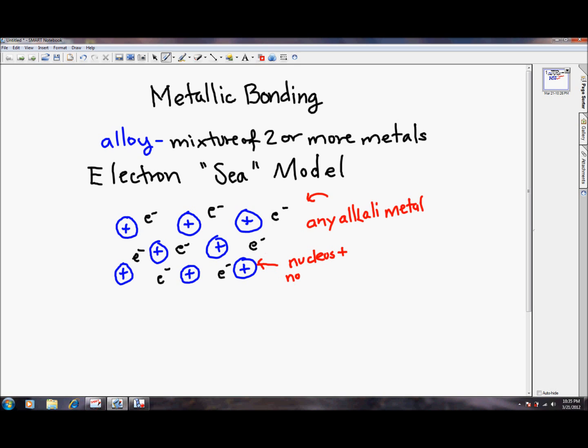This right here is basically the nucleus plus all the rest of the electrons that aren't valence electrons. The reason it's shown with a positive charge is that the valence electrons aren't really in their orbital anymore, they're kind of halfway in between, so this is a partially positive charge.